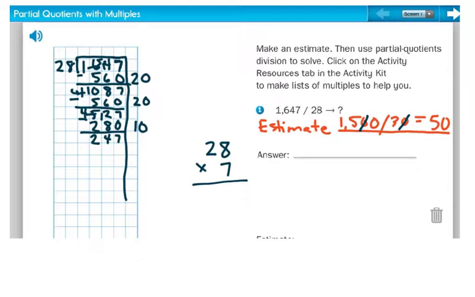So 8 times 7 is 56, carry your 5. 7 times 2 is 14. 14 plus 5 is 19. So yeah, it goes in there 7 times. It might go in there more, but I'm going to go ahead and write 7 and subtract 196 from this. So I'm going to keep going until my remainder is smaller than 28.